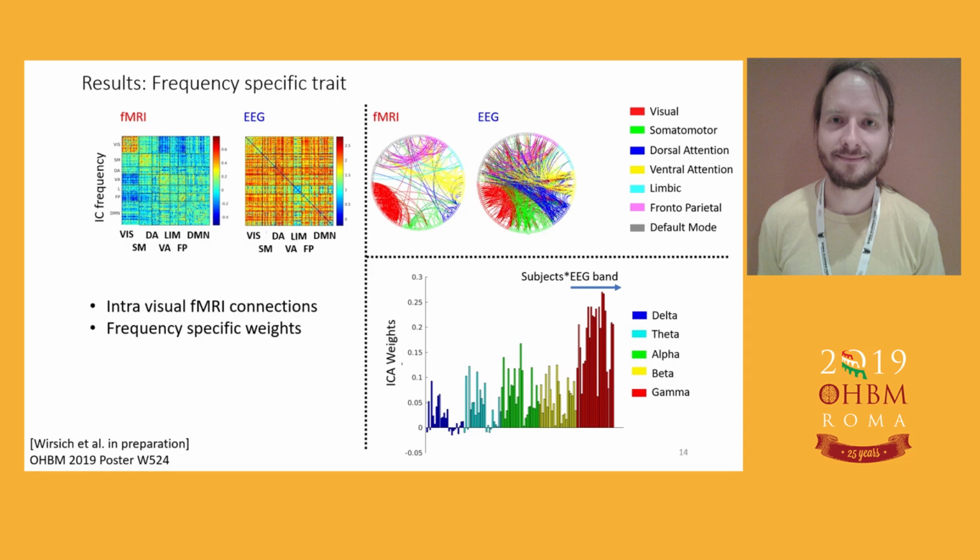So what we found is that in fMRI this second independent component is organized mostly in the visual and the somatomotor network, while the weightings of the EEG are distributed across all the resting state connections. This result replicated across two datasets, so this seems to be quite stable.